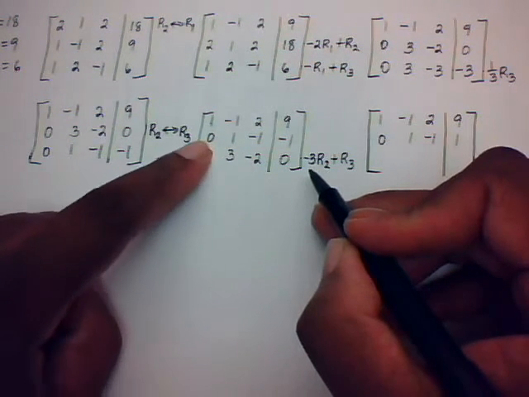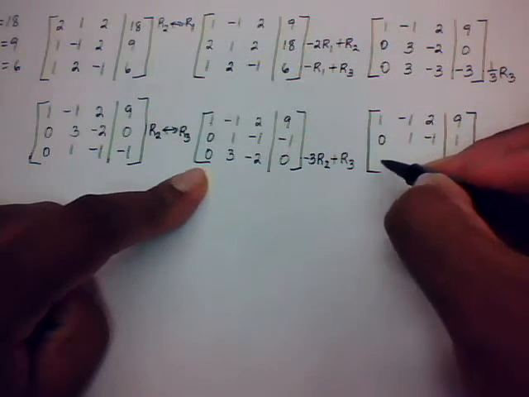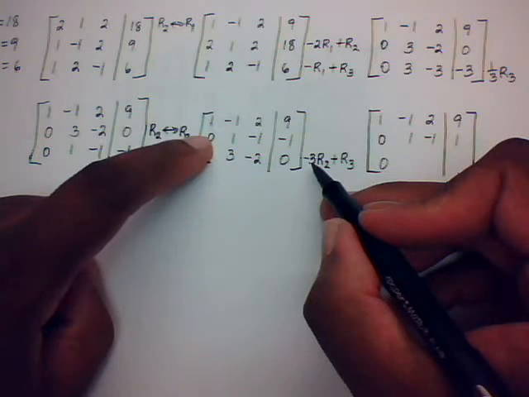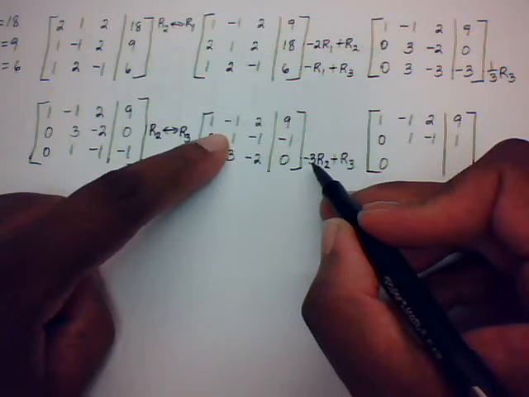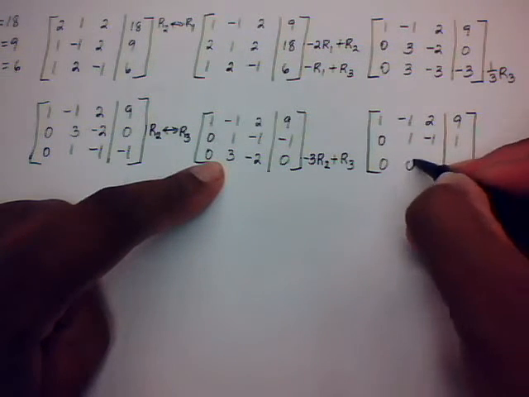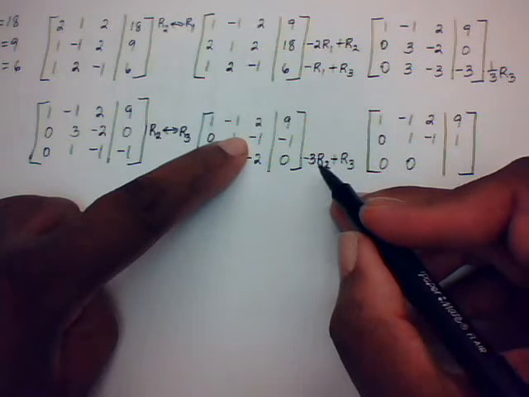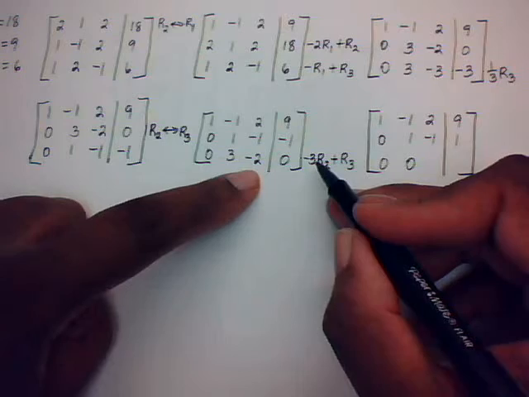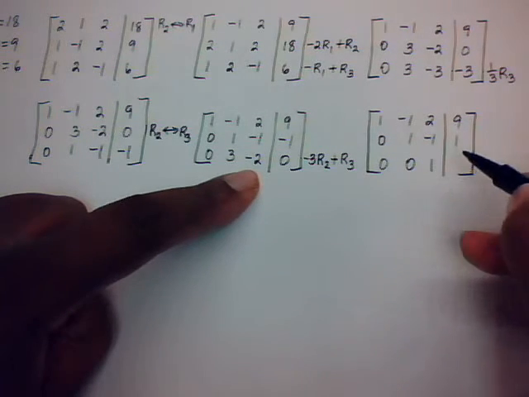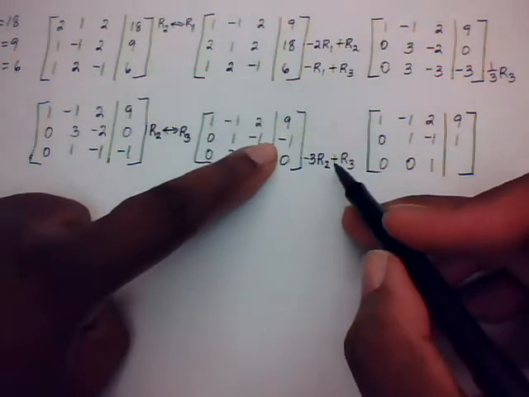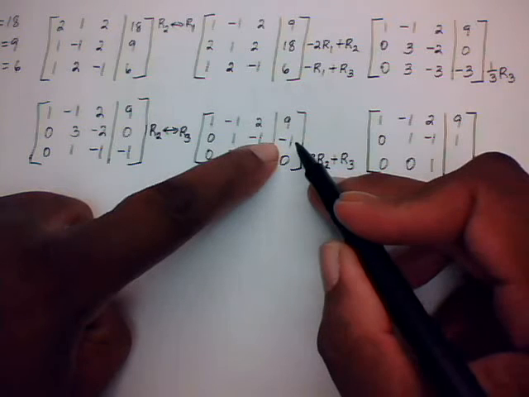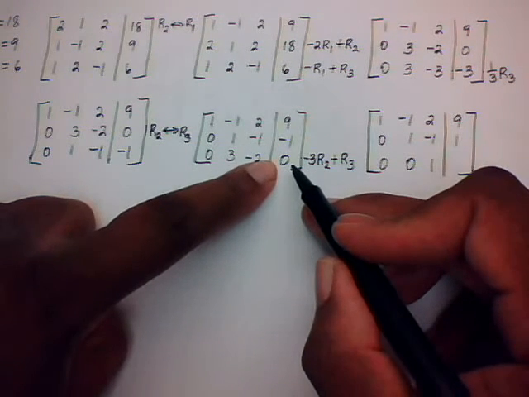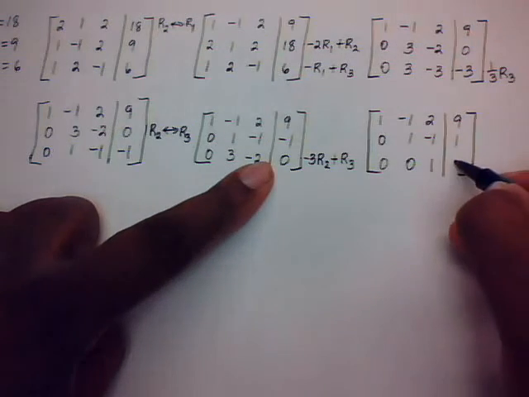So -3 times 0 is 0, plus 0 is, of course, 0. -3 times this 1 is -3. -3 plus 3 is 0. -3 times -1 is 3. 3 plus -2 is 1. And then -3 times 1 is -3. -3 plus 3 is 0.